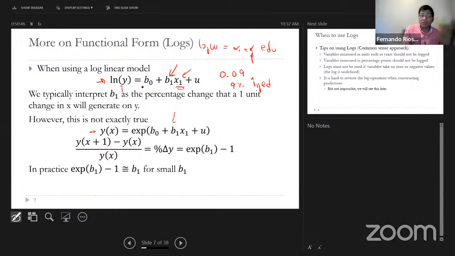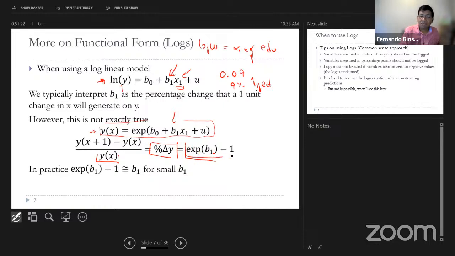If this is your original model, and you back transform the outcome to be in levels, this is what you're trying to relate to the changes in X. If we do the trick of X plus 1 and take off the original value, you're going to see that what you actually want to interpret as the percentage change with respect to the baseline scenario is really equal to the exponential of beta 1, minus 1.